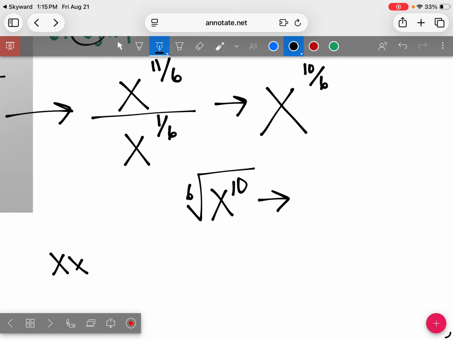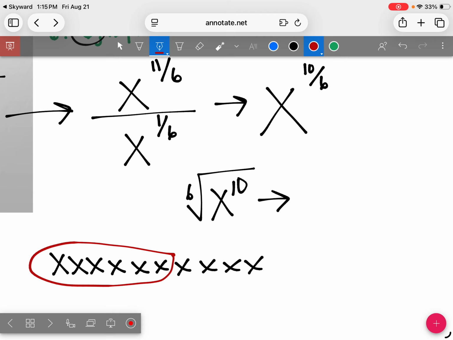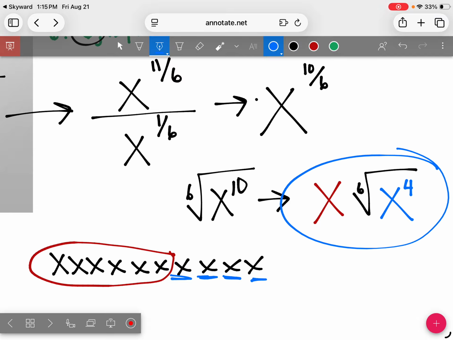So if I actually take the time to make 10 x's, 1, 2, 3, 4, 5, 6, 7, 8. Okay. And I circle a group of 6. See, I can only make one group, right? There's just one. So x to the power 1, that's what comes out. Make your radical. Don't forget to put the 6. How many did I leave out? 1, 2, 3, 4. That would be your answer.